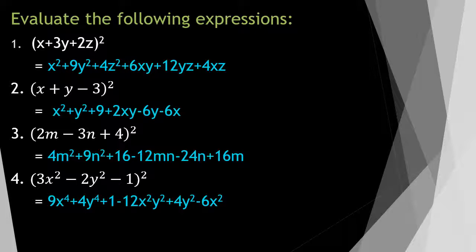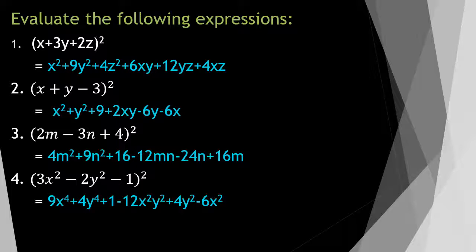It is simply equal to the square of the first term, which is 3x squared, we get 9x raised to the power of 4, plus the square of the middle term, which is 2y squared, we get 4y raised to the power of 4, plus the square of the last term, which is 1, we get 1, minus twice the product of the first term and the middle term, we derive an answer of 12x squared y squared.